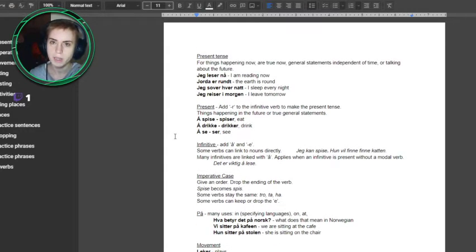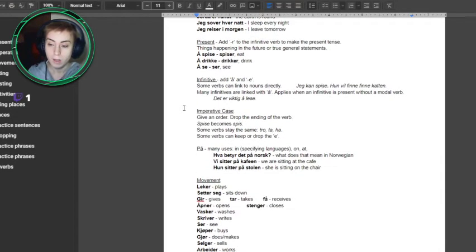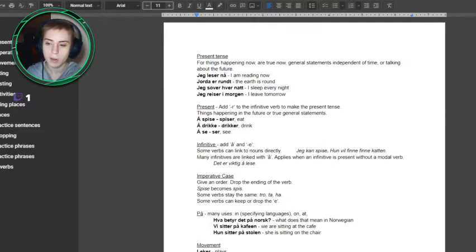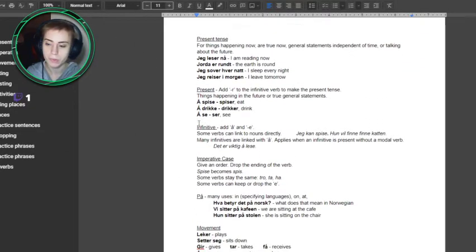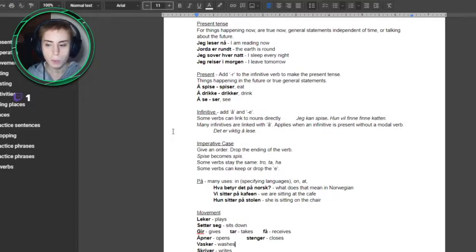Present tense, jeg spiser. Jeg spiser nå. Jeg spiser with an R. Present tense in Norwegian, you add the R. That's one lesson I have to get together, just all about the tenses of verbs. So, imperative case, you drop the ending.